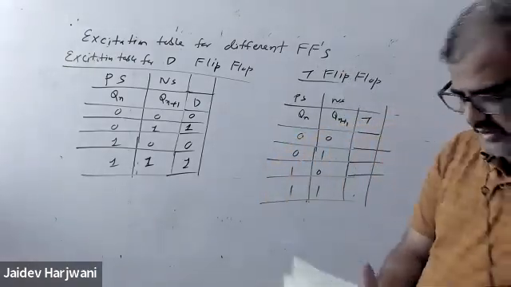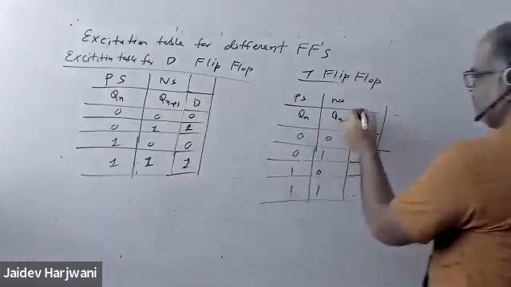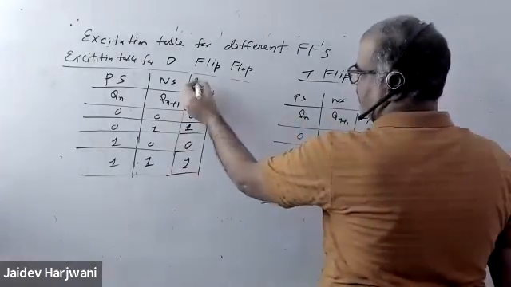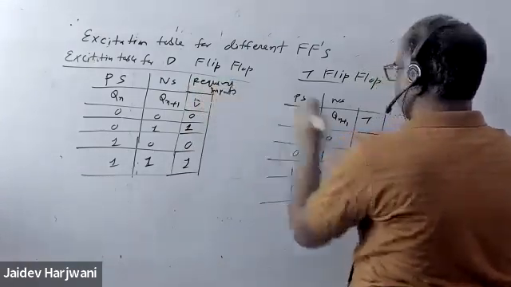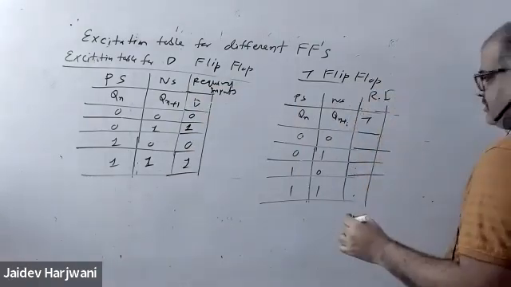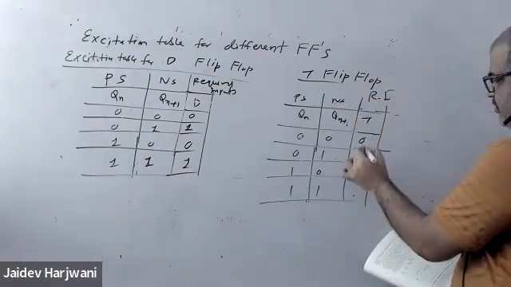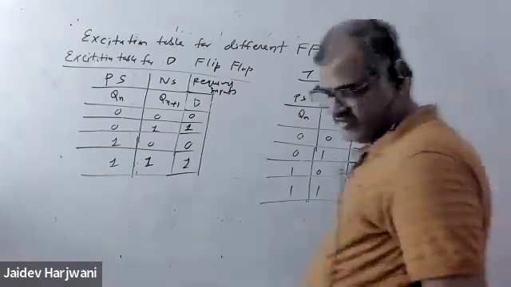I'm writing here the required inputs. So 00 you want 0, 01 you want 1, 10 you want 1, 11 you want 0. This is the excitation table for T flip flop.